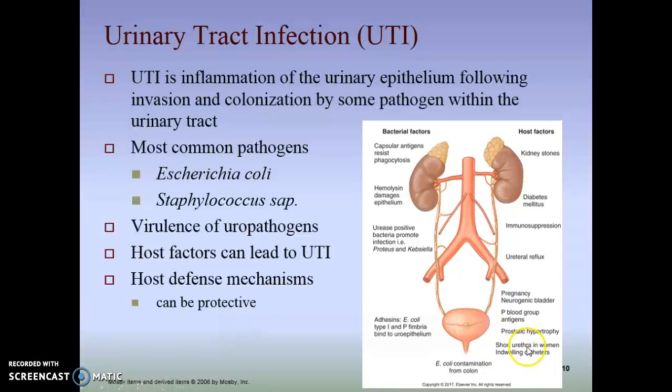A longer urethra in men can be protective, and so the bacteria have a longer way to travel before they can actually get into the bladder and cause problems. So the short urethra in women, a risk factor for developing urinary tract infections.